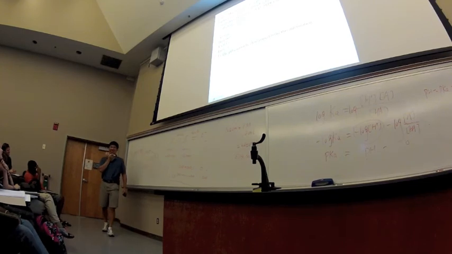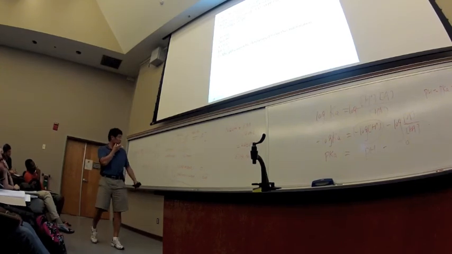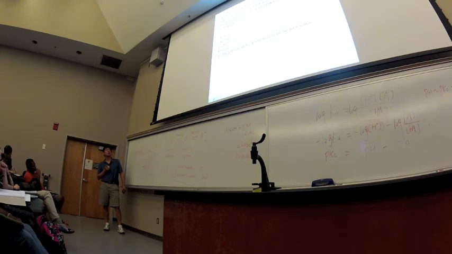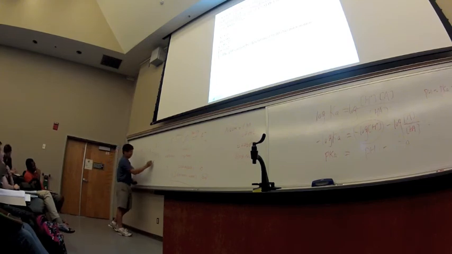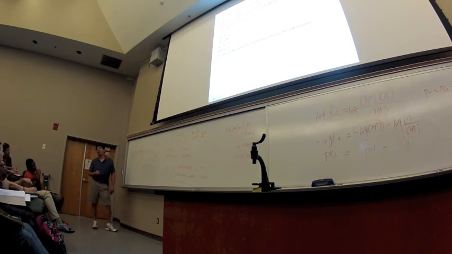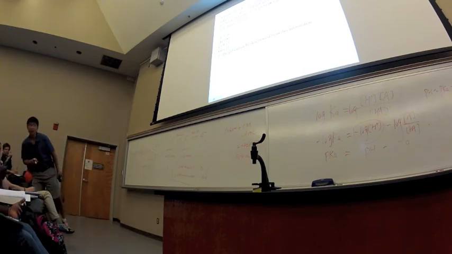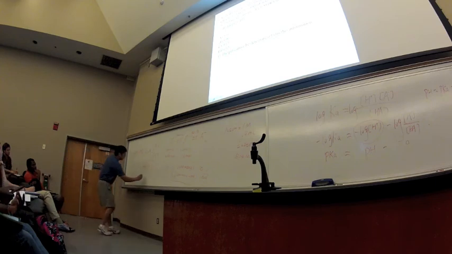Log of 2/3 is about negative 0.17. So it's close to 9.5. So it's D here. Does anybody have a calculator? Negative 0.17, so 9.3.